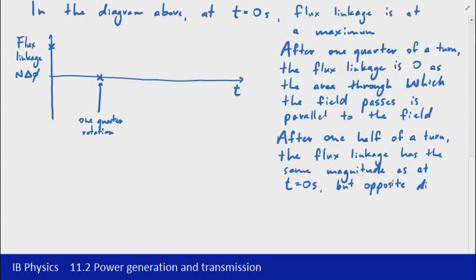So that means that we now have a point over here, where we're now at 1/2 a turn, so this time here is 1/2 the rotation, has the same magnitude but the opposite direction, so it's a negative. If we then follow that through and go another 1/4 of a turn, so 3/4 of a turn, we would see that that would be here, so that would be 3/4. And if we then go one further 1/4, we're back to our original position, and so that would correspond to 1 full rotation.